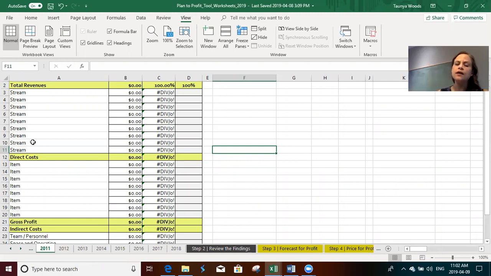So if you decide that you want to add additional revenue streams into that chart, the data piece, you're going to have to come down here into each one of these tabs and into step 2 and add those rows as well, and make sure all the formatting is the same.